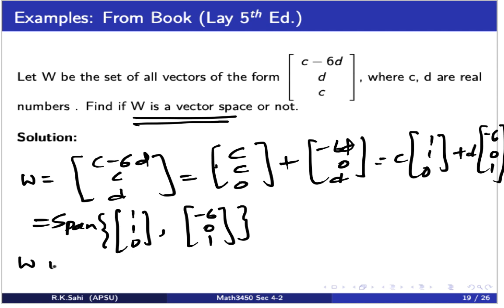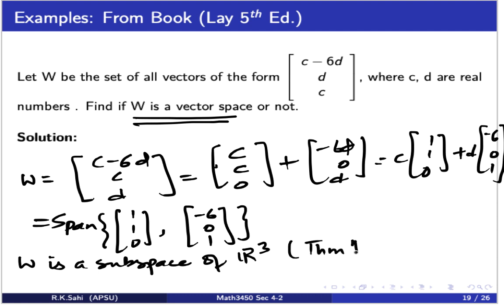So clearly W is a subspace of R3. If you remember, this is Theorem 1 in Section 4.1 of the book. Now, we also know that every subspace is a vector space.